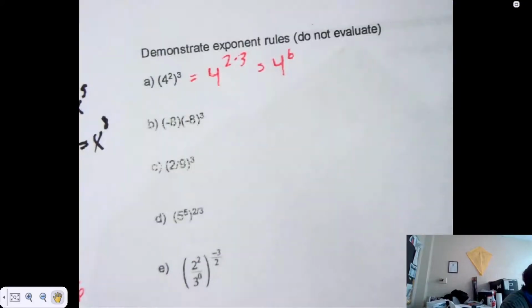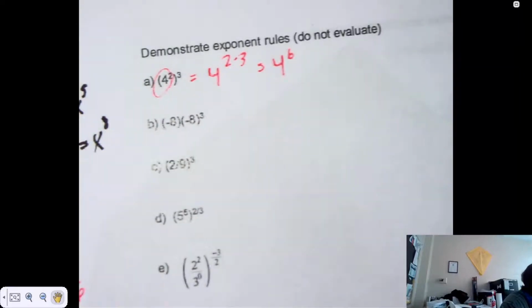That'd be 64 squared. No, that'd be 16 cubed. 4 squared is 16.